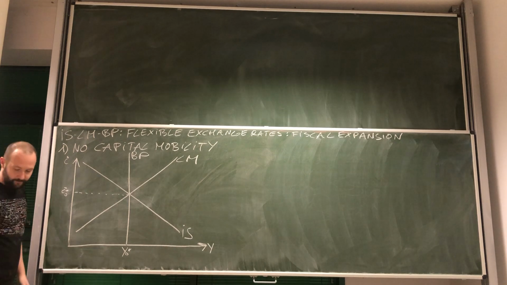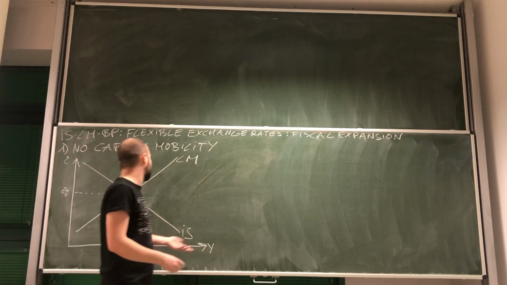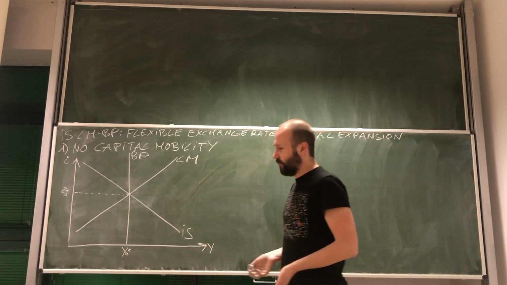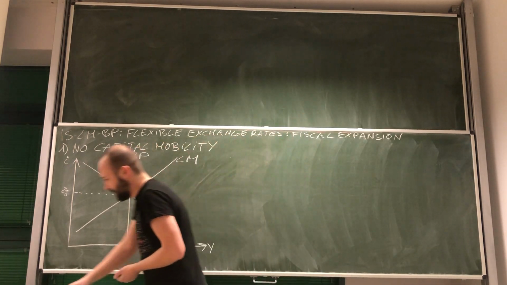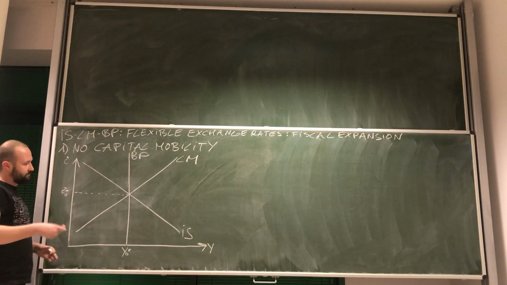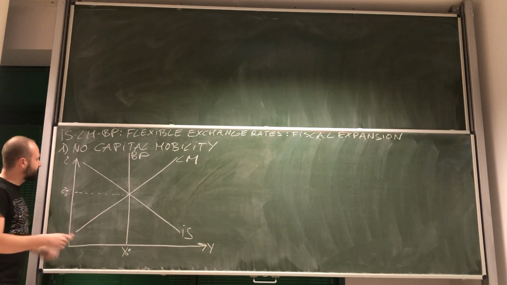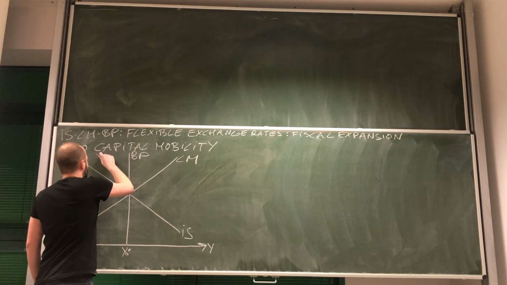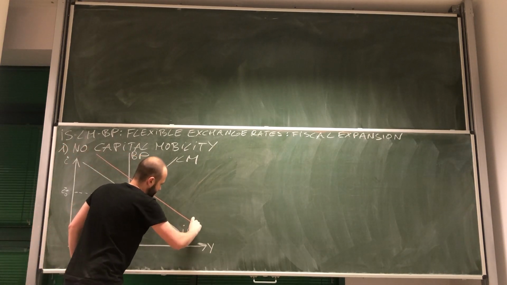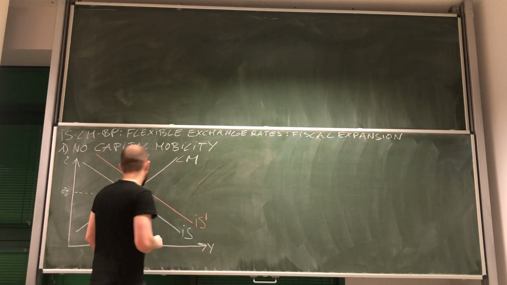Okay, so we're going to start by, of course, the closed economy effect. So what we are assuming now is that government increases the level of spending, so the IS curve moves to the right.